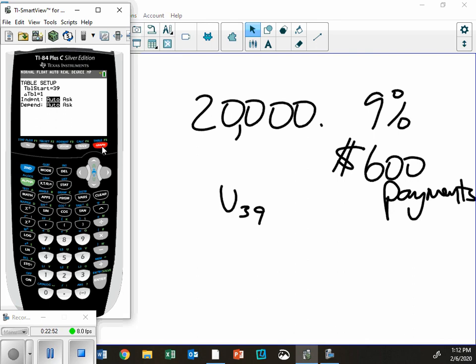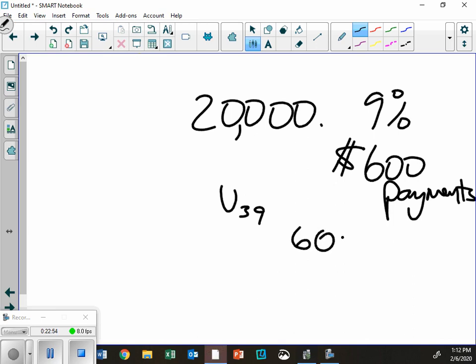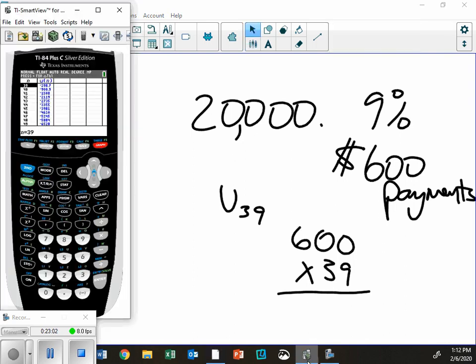I know that my payments were $600, and if this person was right about the 39, it's 600 times 39, but it's not quite done. Why? Because, double checking, yep, that one still owed money, and here it's done, and I paid 39 payments, but the last one was more than I needed to pay, so they owe me money back.